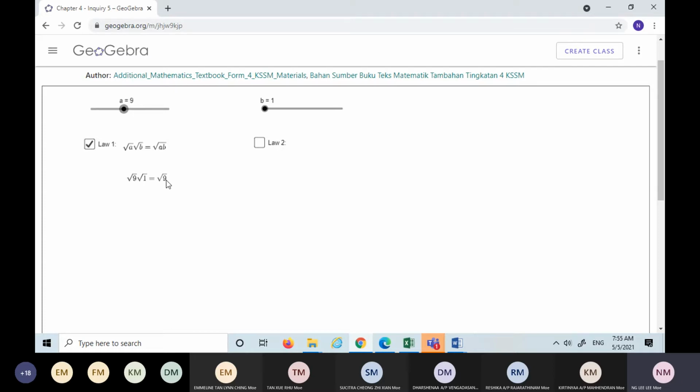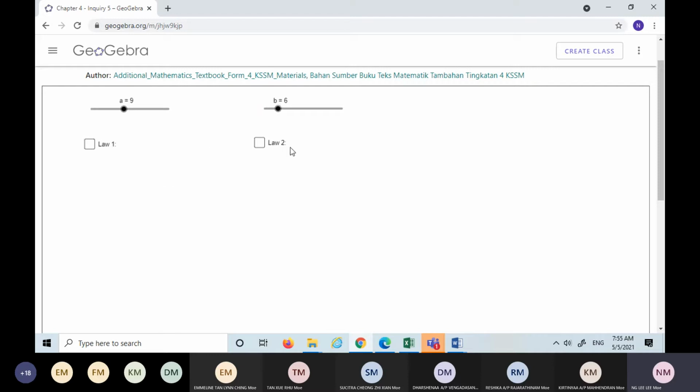You get the 9 here by 9 times 1. If I change the value of B, the same thing: square root of 9 times square root of 6. You get 9 times 6 is 54, square root of 54. This is law number one.